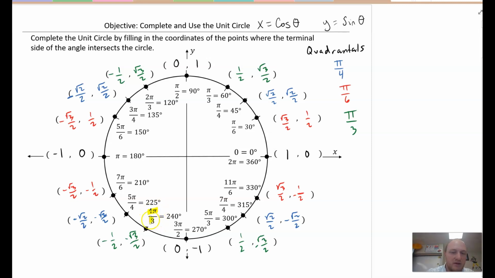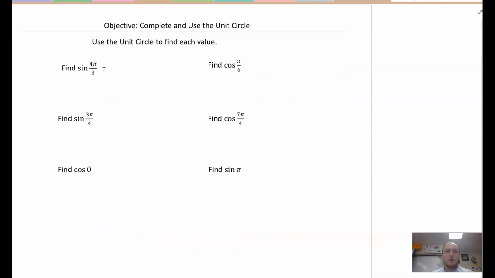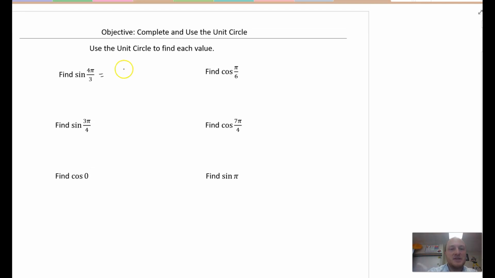I know it's right there, just past 1 pi, since 3 pi over 3 would be pi. We want the y value, the sine value, and that happens to be negative root 3 over 2. So I go back to my problem and I know that this is negative root 3 over 2. And there's your answer. It's that easy, right? It's the y value. Sine is y.